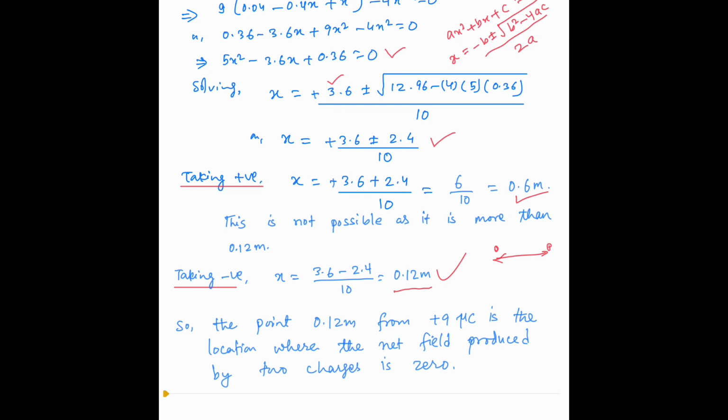So the point 0.12 meter from the plus 9 microcoulomb charge is the location where the net field produced by the two charges is 0. This is how you can solve such a problem.